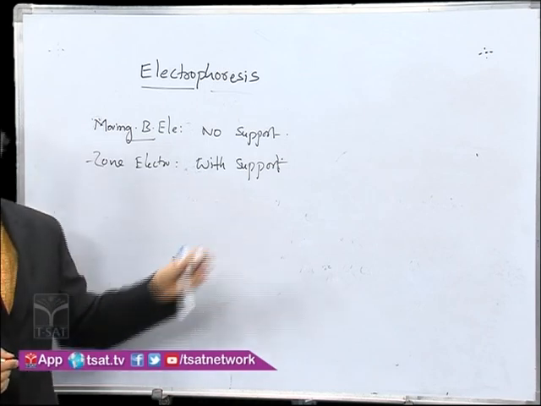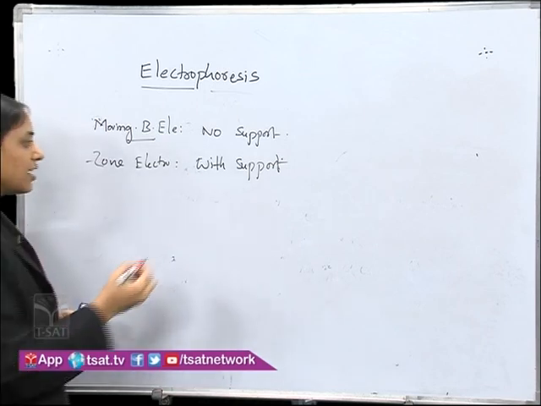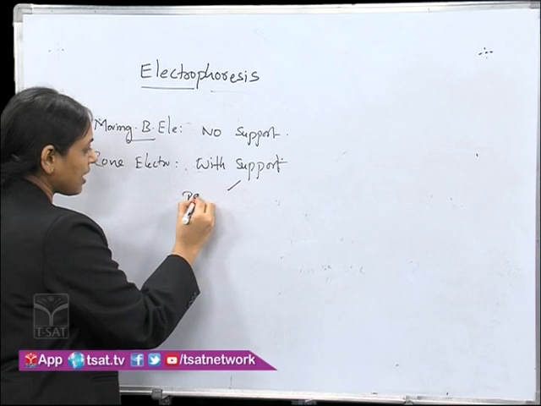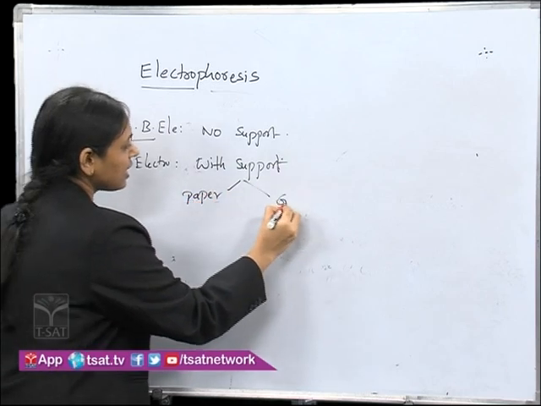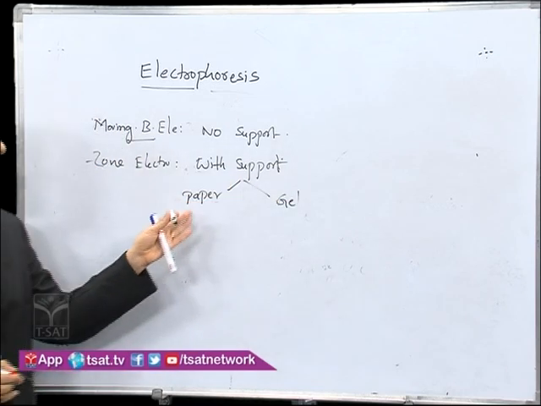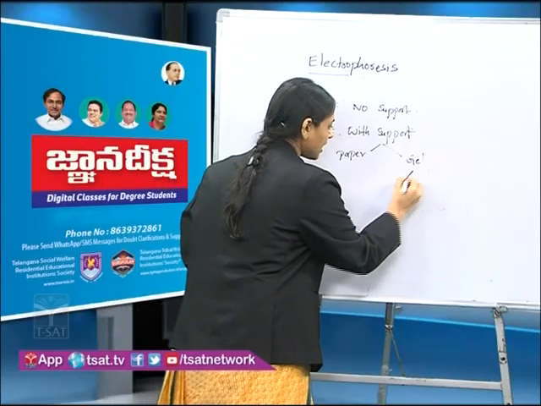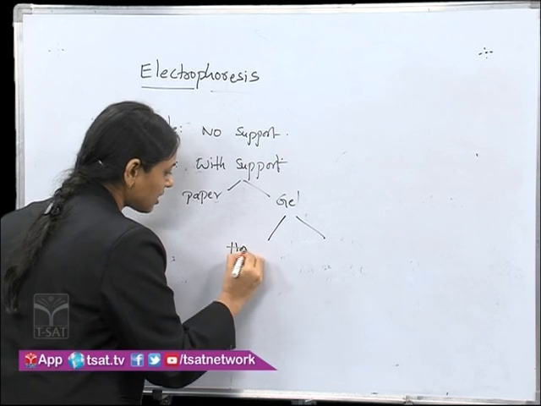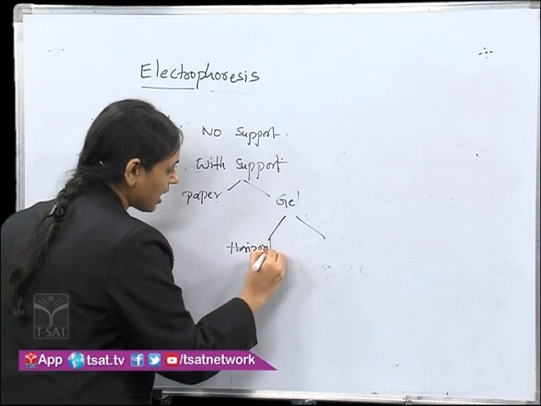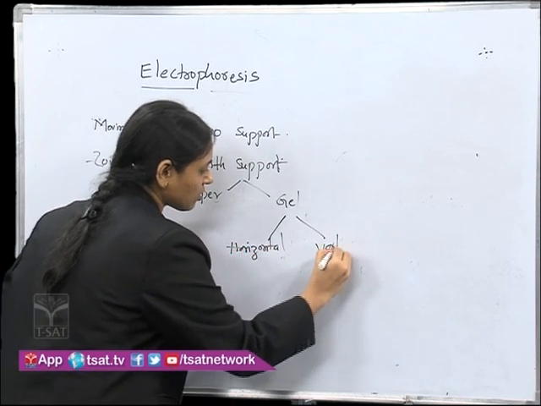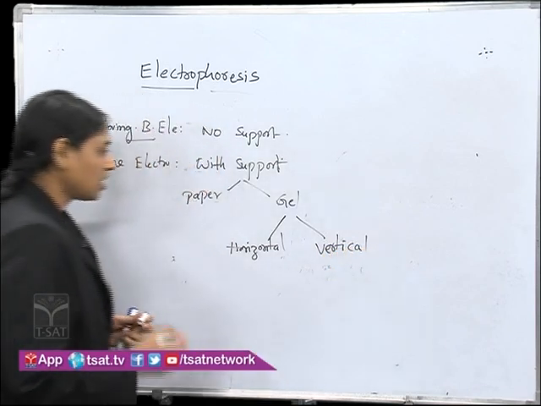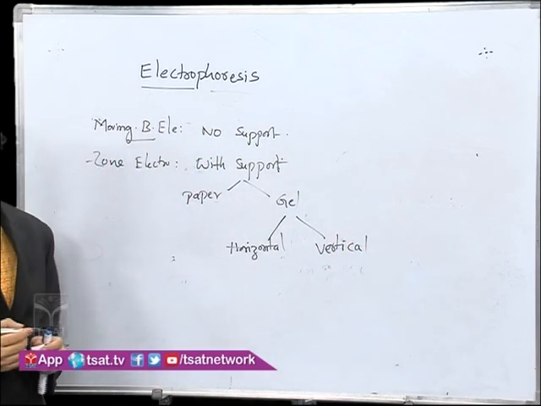Based on the type of supporting material we use, again it could be divided into paper electrophoresis and gel electrophoresis. Here the support is paper, here it is gel. The gel electrophoresis is again divided into horizontal gel electrophoresis and vertical gel electrophoresis. This is based on the direction of the gel run.